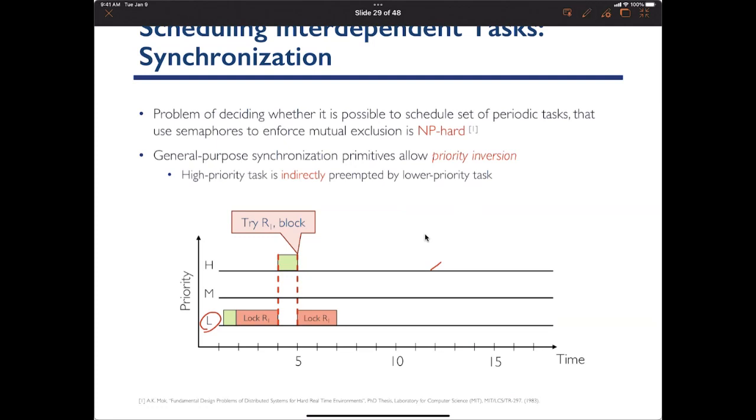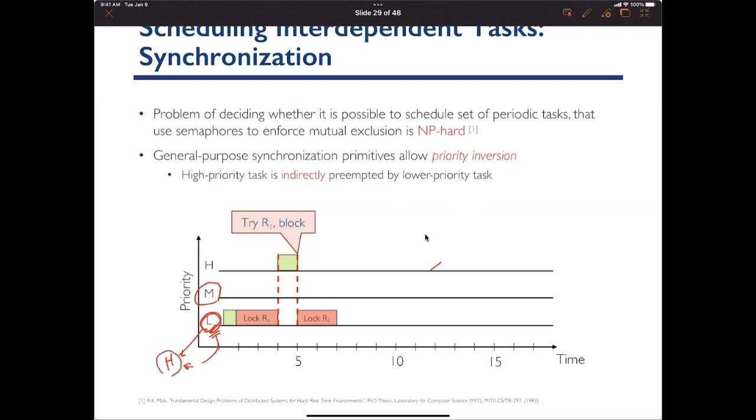What is going to happen with the priority inheritance protocol? We're going to raise the priority of this low priority task to high, because this low priority task blocked a high priority task. Therefore, it's going to inherit its priority. And you can see why this is important, because when the medium priority task comes in, I'm not going to switch to it, since the low priority task's priority has changed to high.